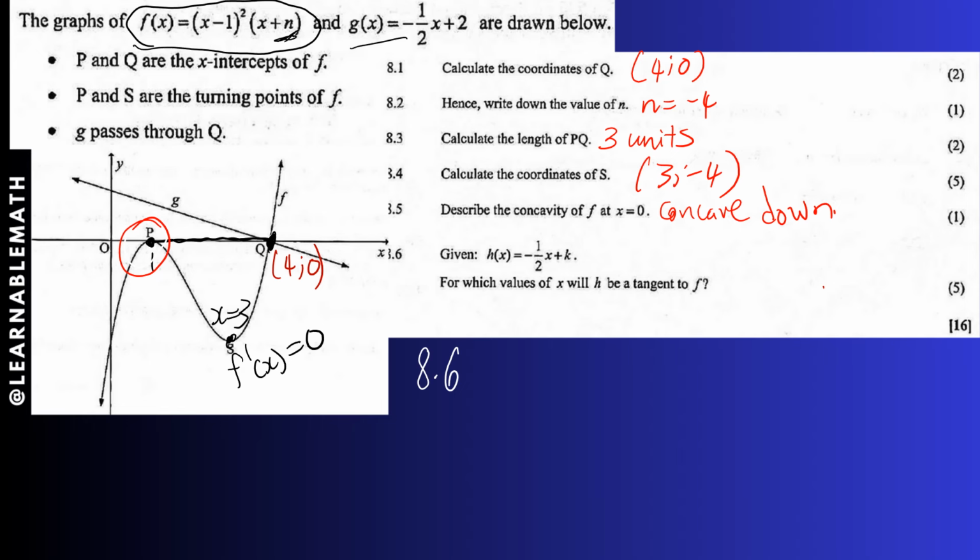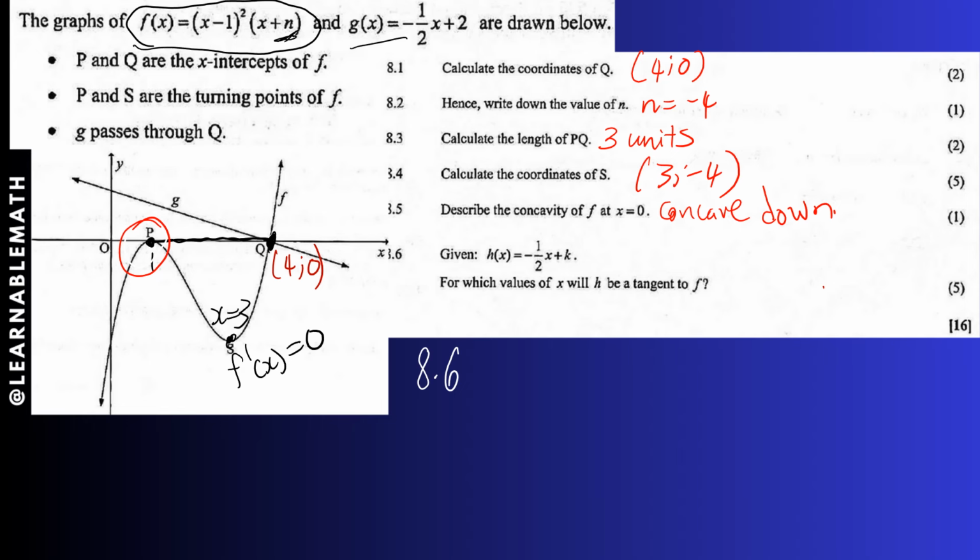Okay, let us now go to 8.6. It says given h of x equals minus 1 over 2 x plus k, for which values of x will h be a tangent to f?